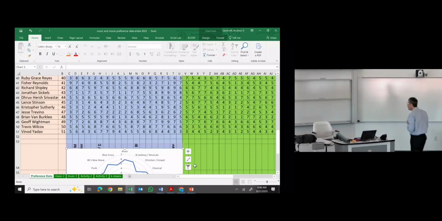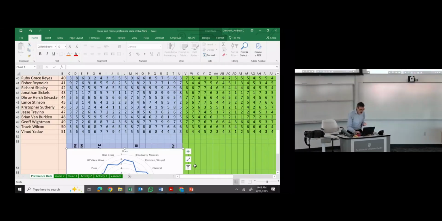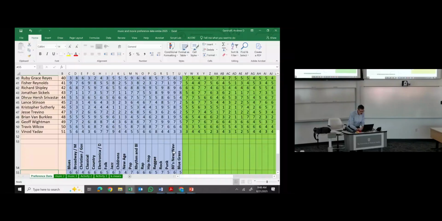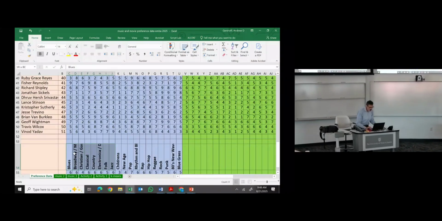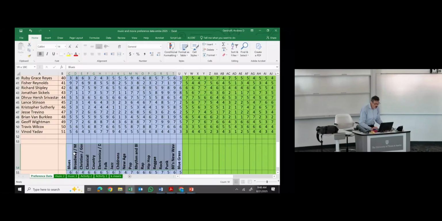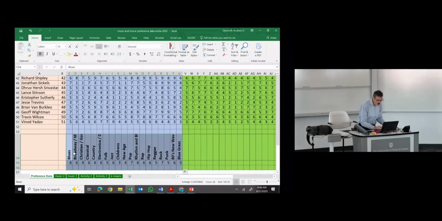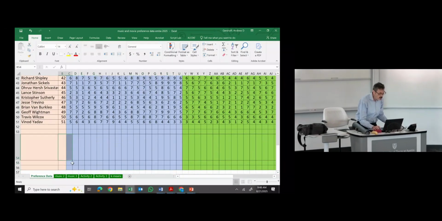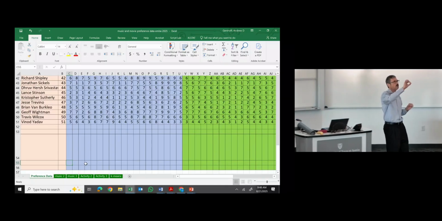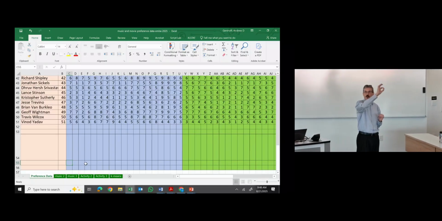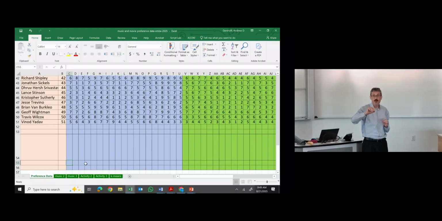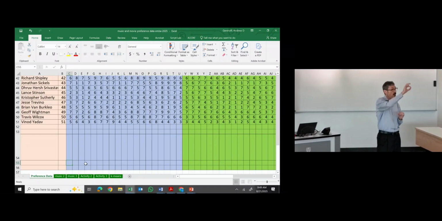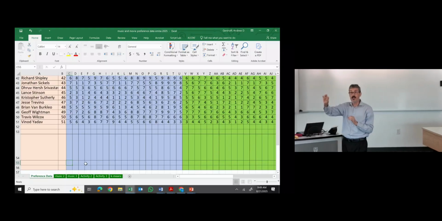So here's what I'm going to do now. I'm going to delete this. I just want to measure how far apart people are. Getting back to the earlier example, it could be that your preferences are 789, 789, 789, and Ashok's preferences are 987, 987, 987.